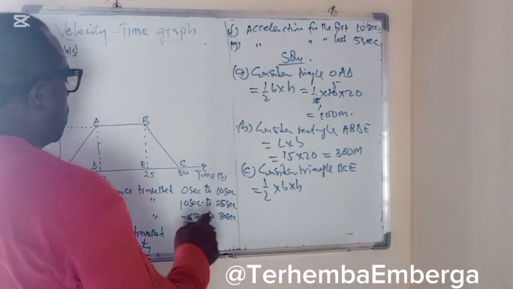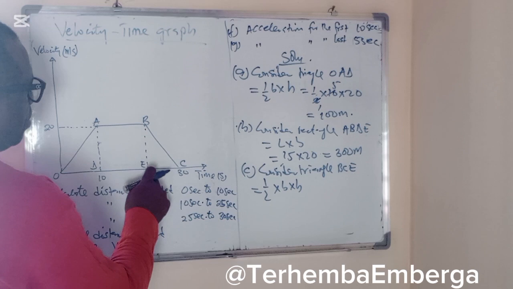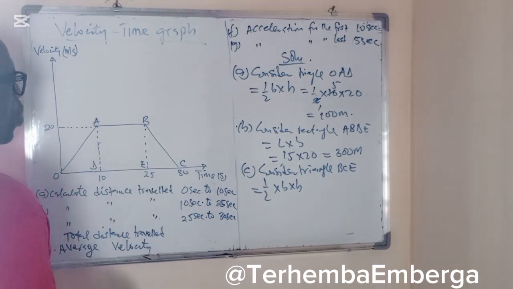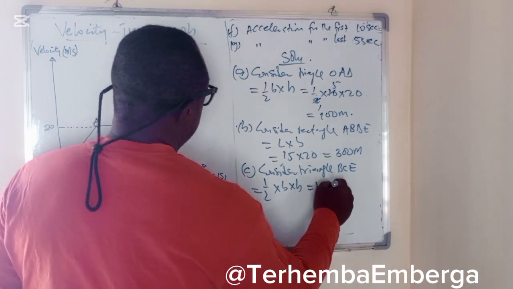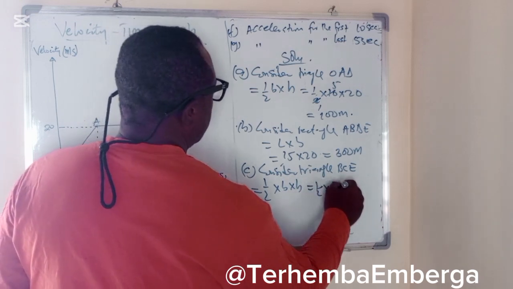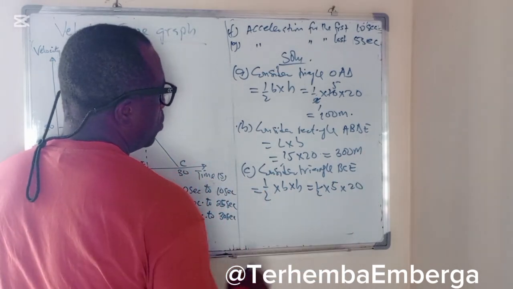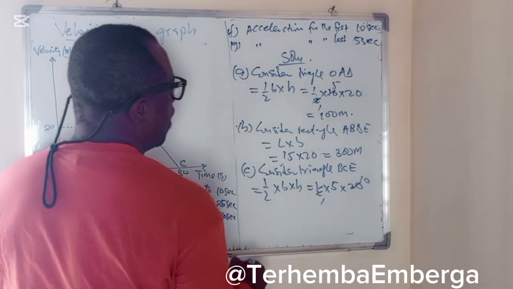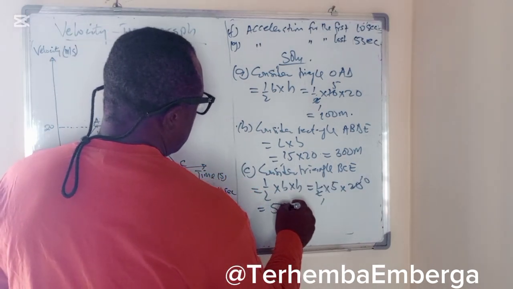What is our base here? 30 minus 25 gives us 5, and the height is still 20. So that is equal to half times 5 times 20. 2 here 1, 2 here 10. So 5 times 10 is 50. This is equal to 50 meters.